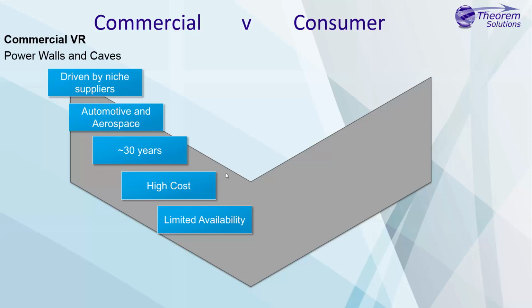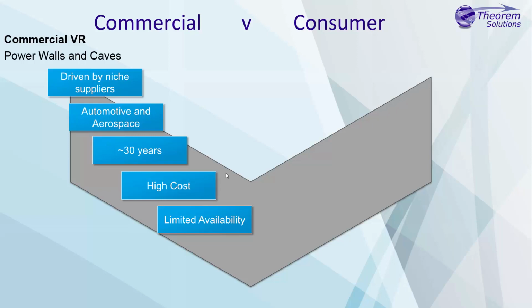So, a little bit of history first of all before we go any further. Commercial virtual reality has been around for quite a while. I put on the slide 30 years. In fact, you could argue it is nearer 50. And it's been driven in the past by niche suppliers who've created applications and sold them into the automotive and aerospace industries, who have used these power walls and caves to visualize their aircraft and automotive vehicles at relatively high costs.